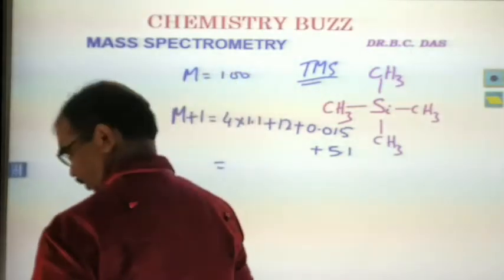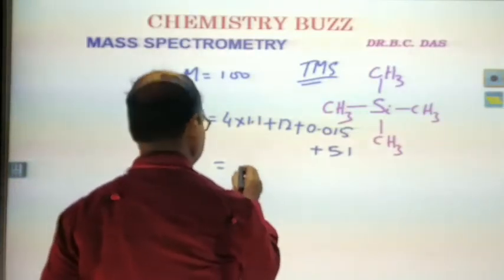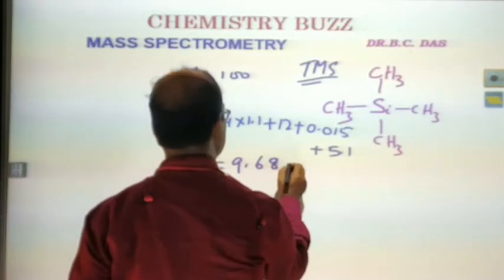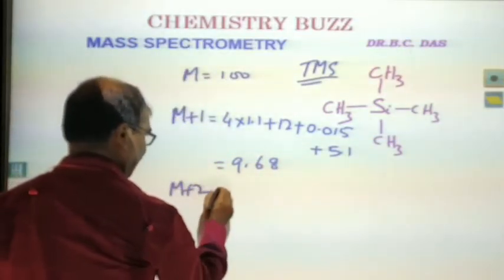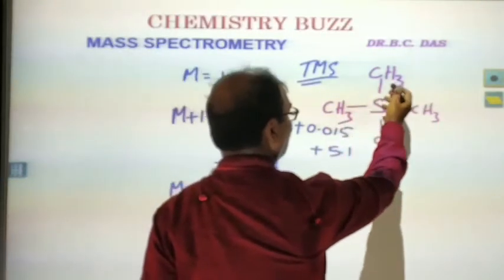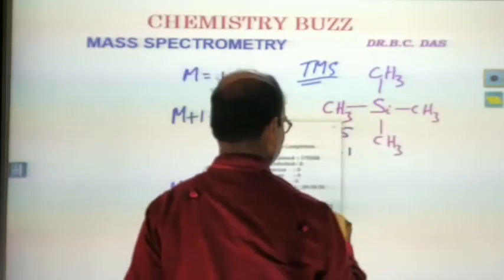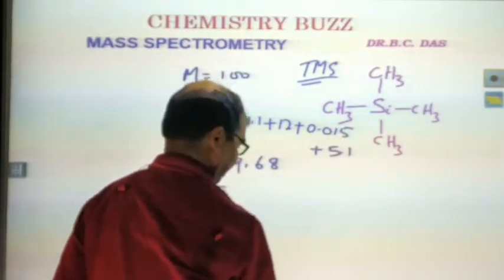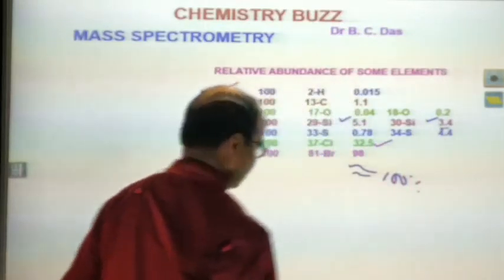Okay, so this will give you the value, that is 9.68. Okay, so for the m plus 2 value, let us calculate m plus 2. There is no m plus 2 for the C and H, only the Si will be considered, that is 3.1%.